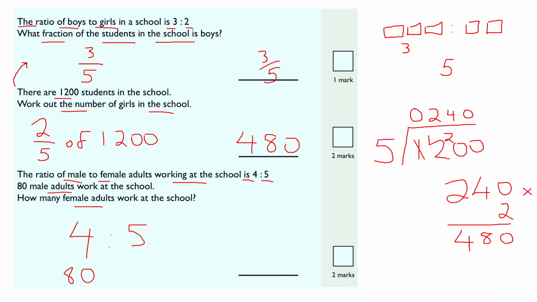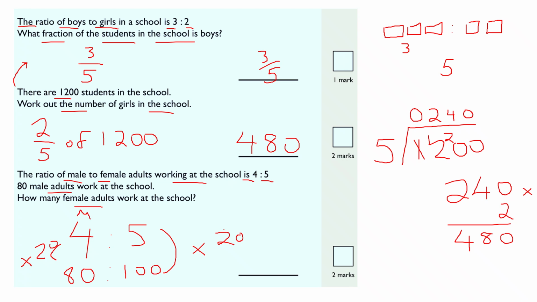To go from 4 to 80 is a bit trickier. We times it by 20. So if we do the same to the right-hand side of the ratio, 5 times 20 makes 100. So there are 100 female adults that work at the school.